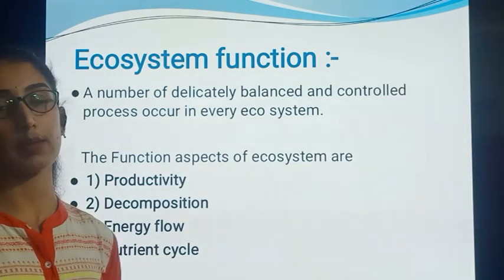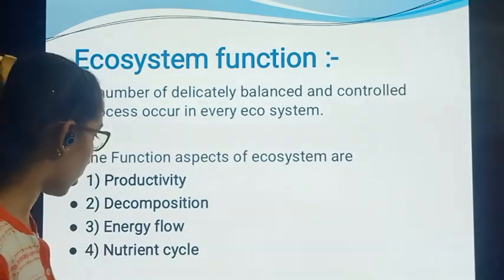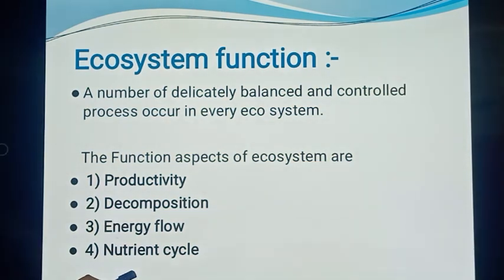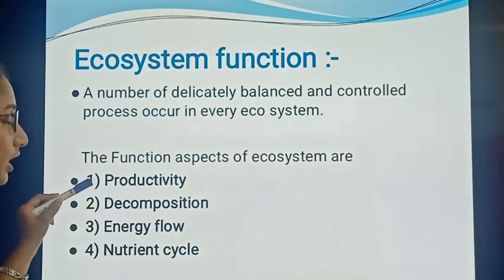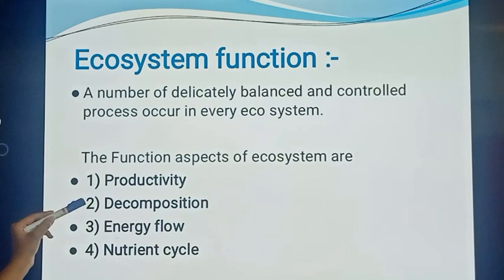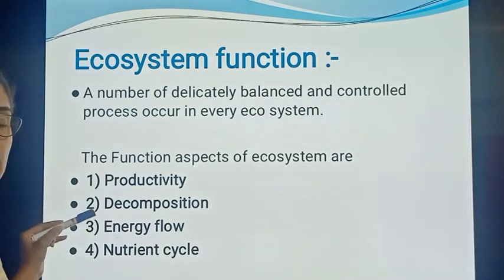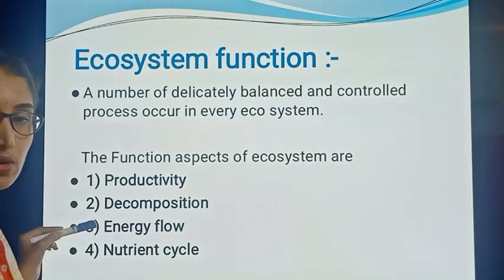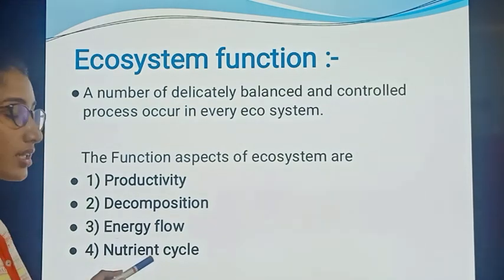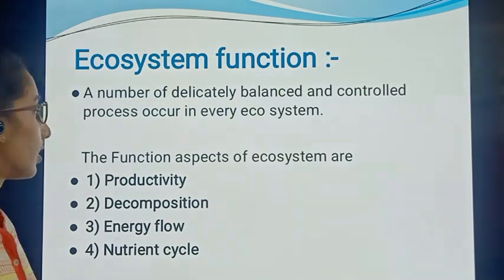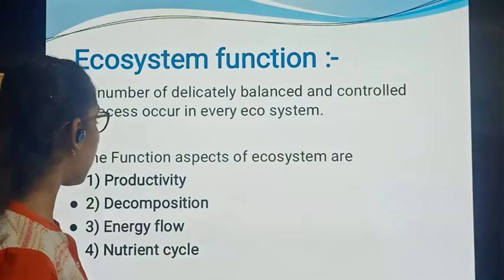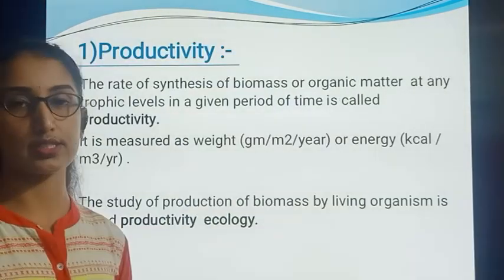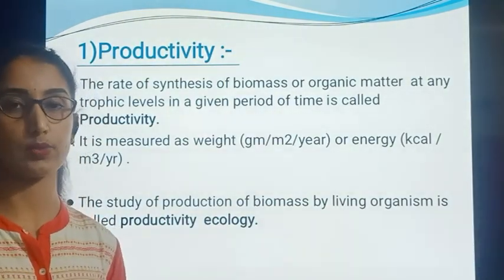The first one is productivity, the second one is decomposition, the third one is energy flow, and the fourth one is nutrient cycle. Now we shall take the first function of the ecosystem, that is productivity.